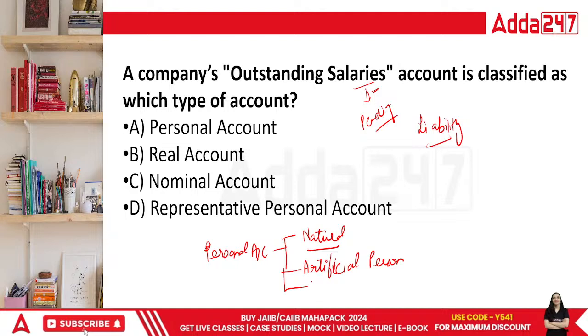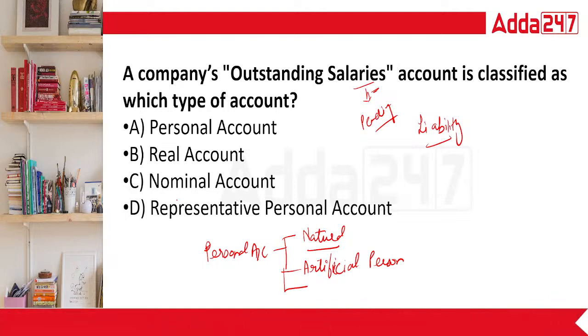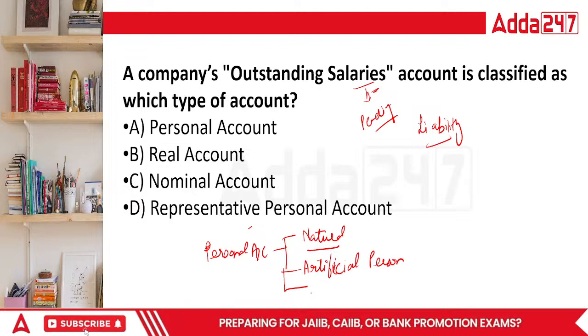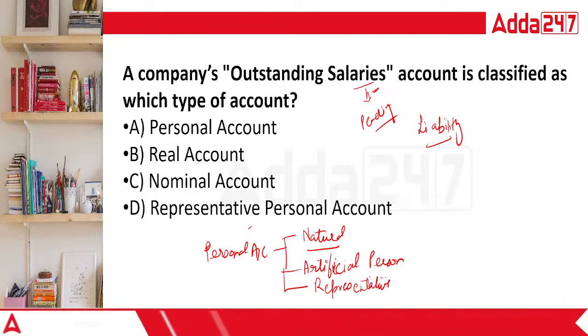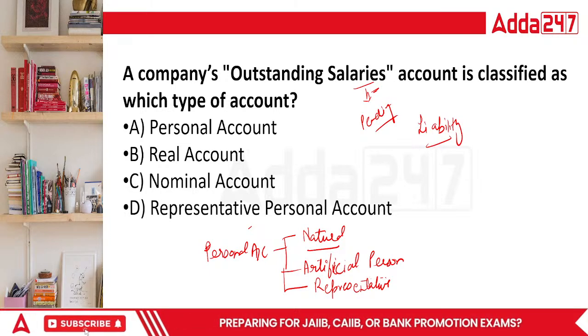And the last one is called the representative personal account. See, this particular amount belongs to a particular person to whom the amount is to be paid. But we have to remember the nature. What amount are we paying and why?